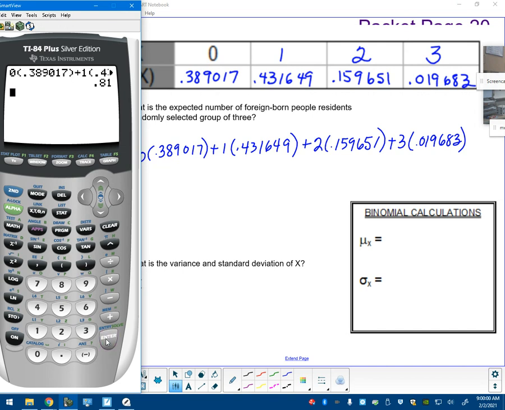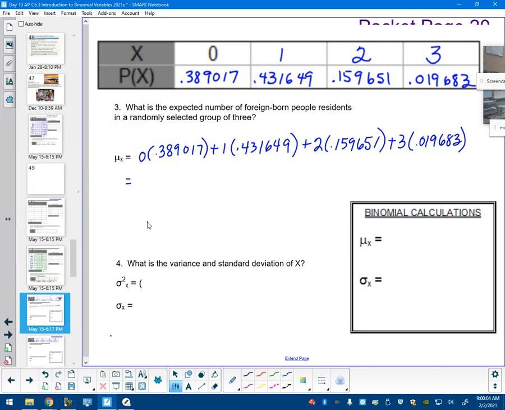Is that what you guys got? So I would expect 0.81 foreign-born residents. Almost one.